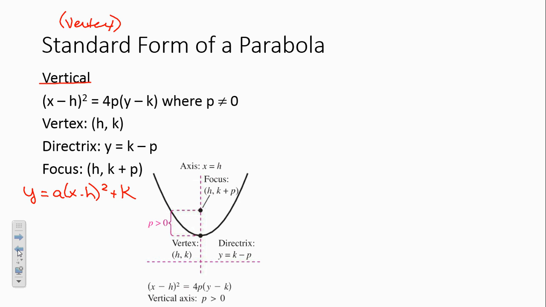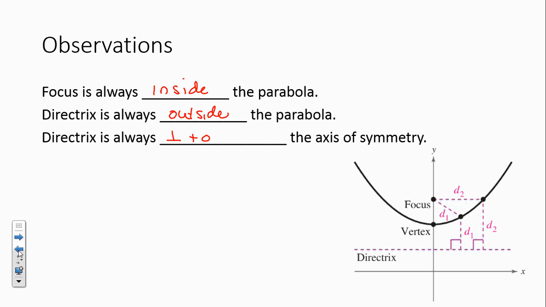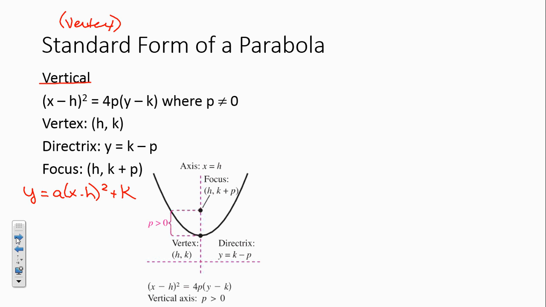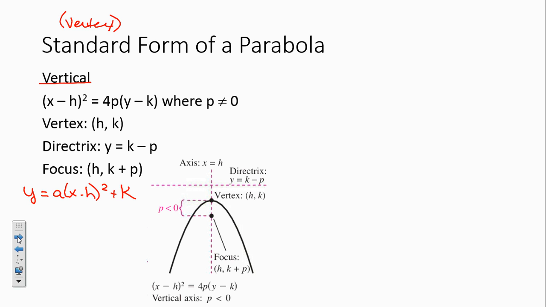What made it open up? The a, right? a was positive, right? So when 4p is positive, it's going to open up. But if 4p is negative, or p is less than 0, then it's going to open down. Make sense? All right, that's the vertical.